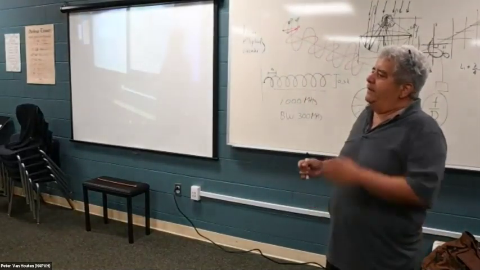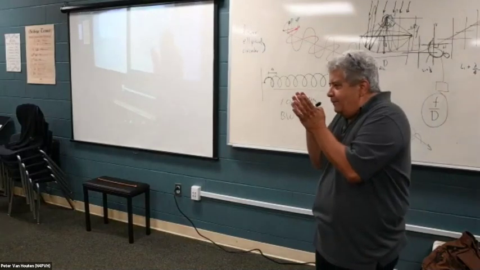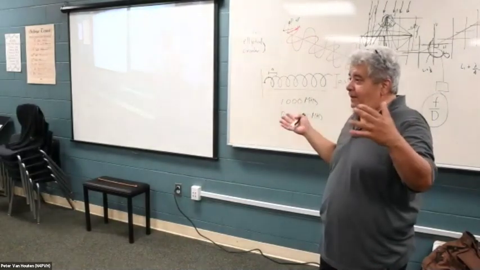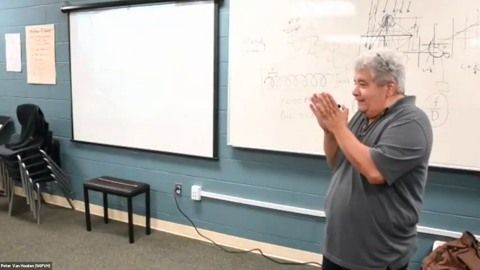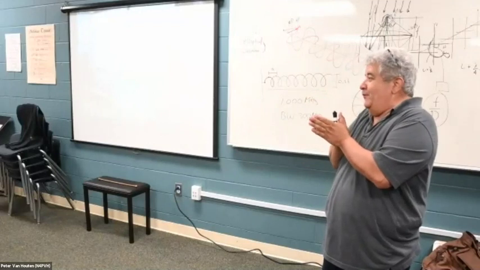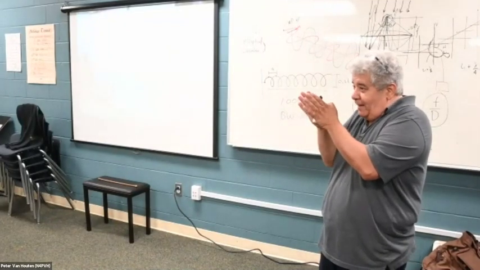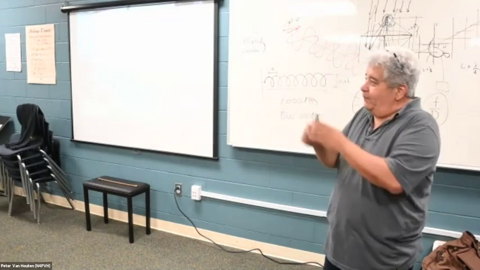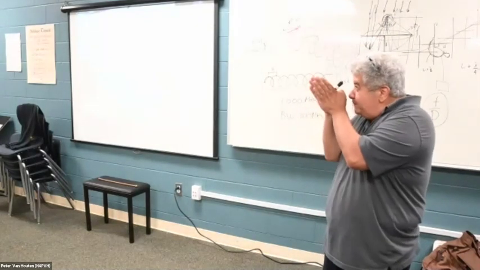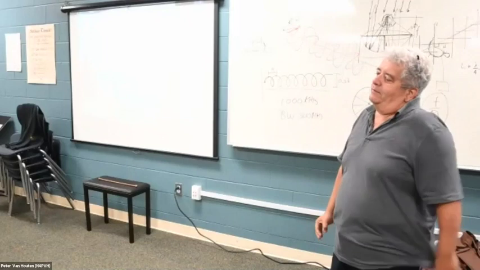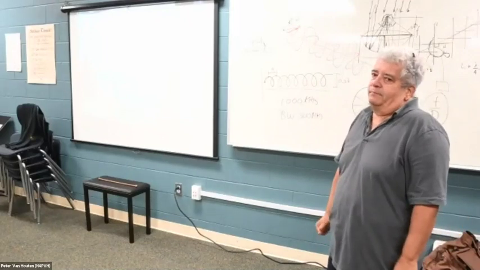But then because it's bigger in wavelengths, it gets narrower. So you are talking about maybe 3 or 4 degrees between the half power points. So you have to aim that very precisely. Mm-hmm. That's it.